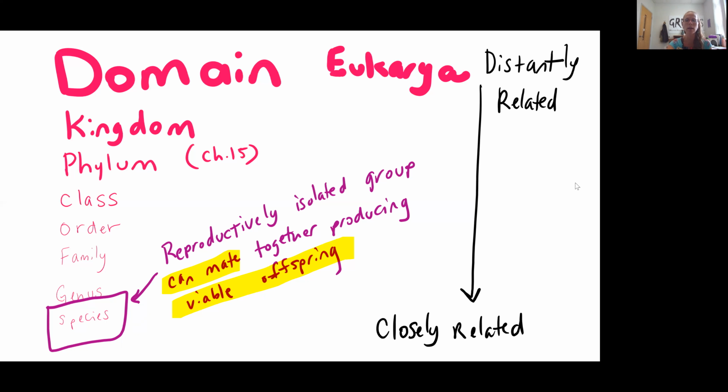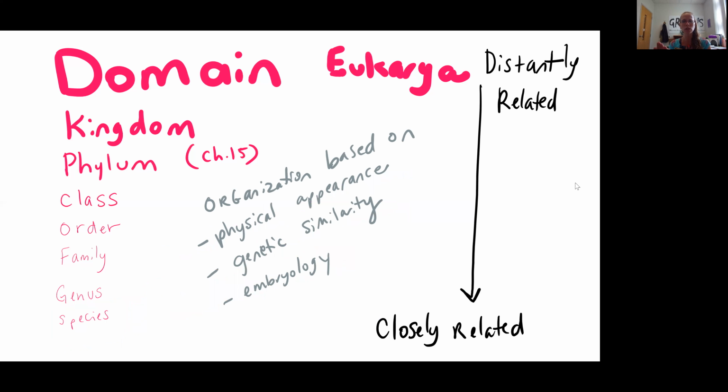Now let me go back. We've already mentioned that the taxonomic classifications are showing us relatedness, where those larger designations are the more distantly related groups, but they still are related to each other. And as you move through the different taxonomic classifications, getting down to species level, those are the most closely related organisms in the group. This organization is based on, as mentioned, physical appearance, so things that you can just observe.